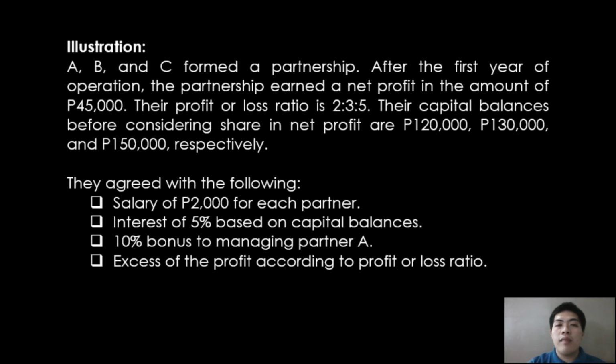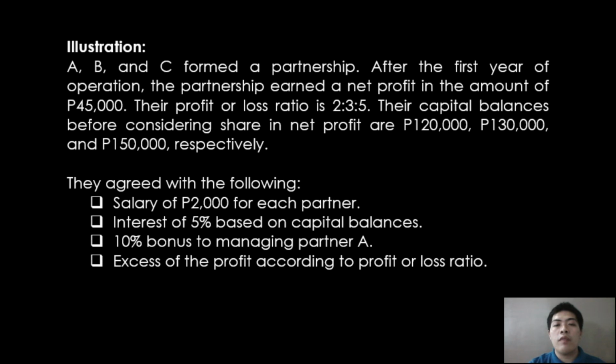Okay. Let's have this problem. A, B, and C form a partnership. After the first year of operation, the partnership earned a net profit of 45,000. May profit or loss distribution sila na 2:3:5. Then may capital balances na 120,000, 130,000, and 150,000 respectively. Then may agreement sila.